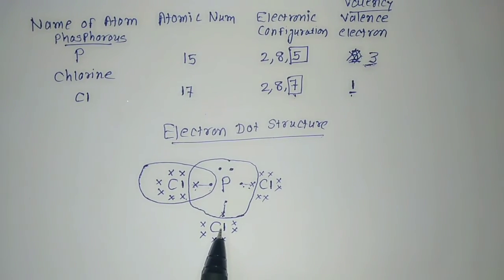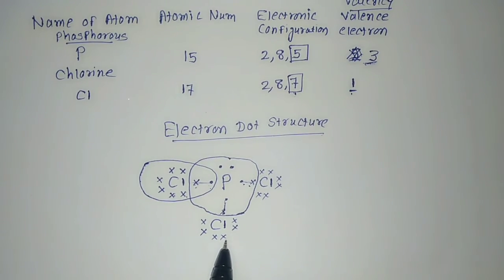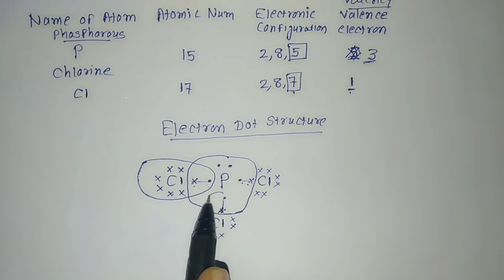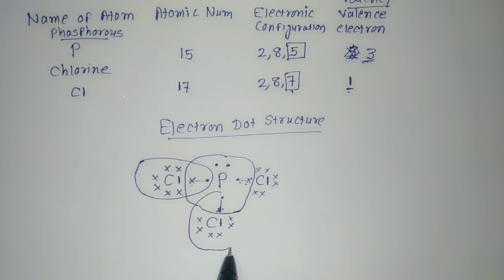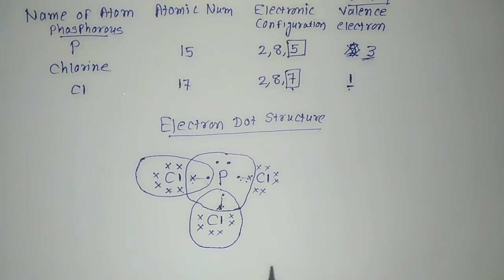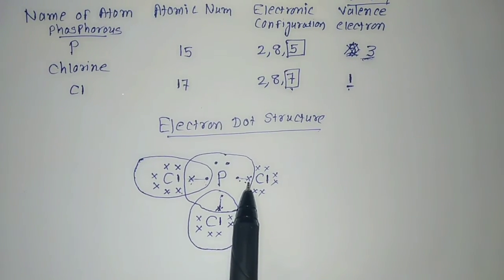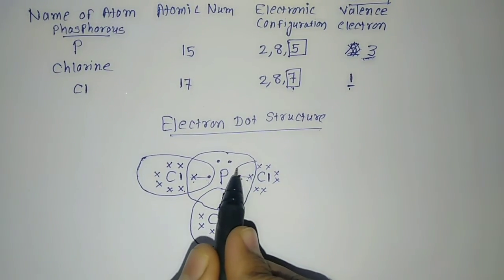Similarly here you will see 1, 2, 3, 4, 5, 6, 7 its own and 1 it makes a bond with the phosphorus. And in the similar way, 7 for chlorine and 1 more makes 8. It's completed.